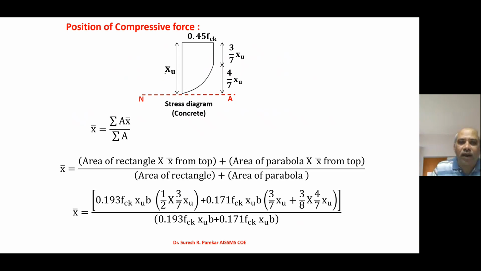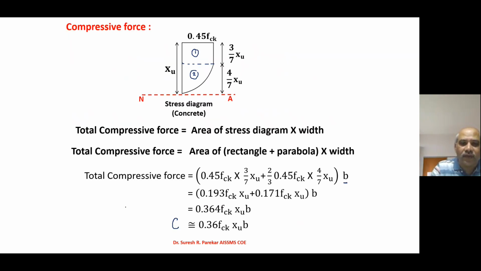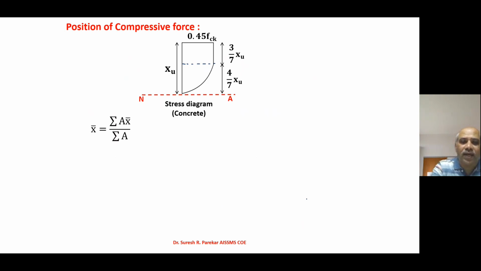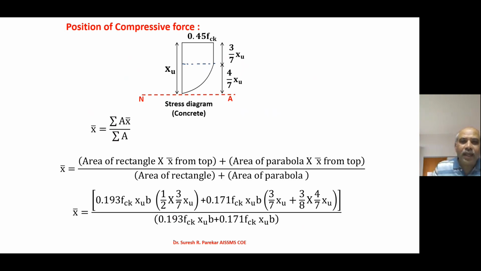Now you can see we have the area of this first as 0.193 fck xu b. First value 0.193 fck xu, second value 0.171 fck xu. Those values we have taken over here. Now the centroid of this rectangle will be half of 3/7 xu, and for this parabola it will be 3/8 from here.